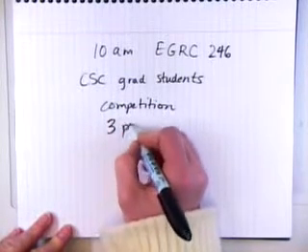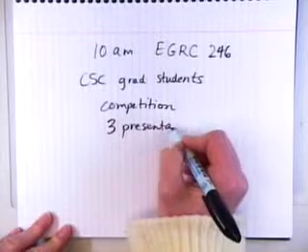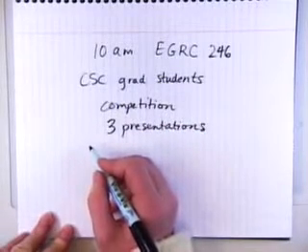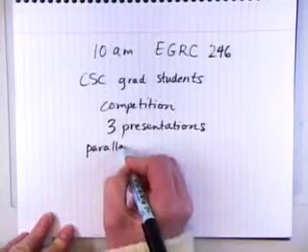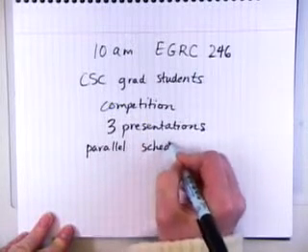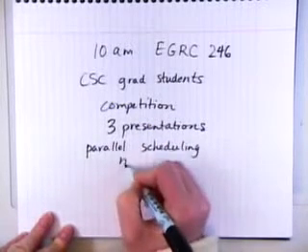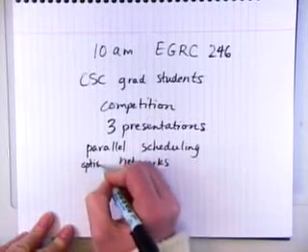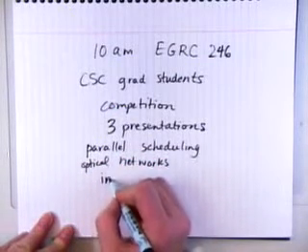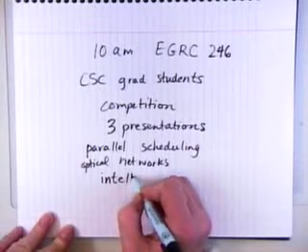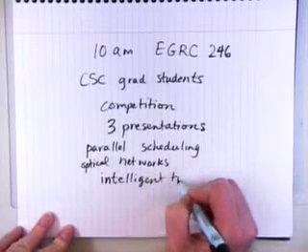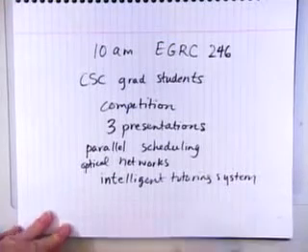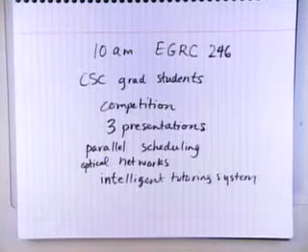And there's going to be one on scheduling, parallel scheduling. One on networks, optical networks. So is that parallel one, like parallel processing? Yes. And the other one is on an intelligent tutoring system.